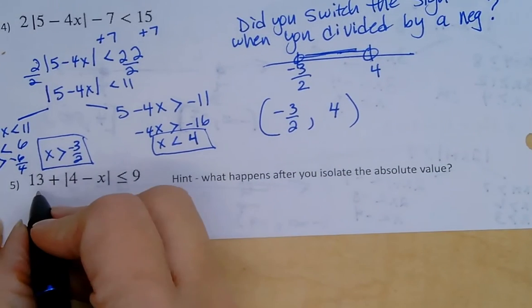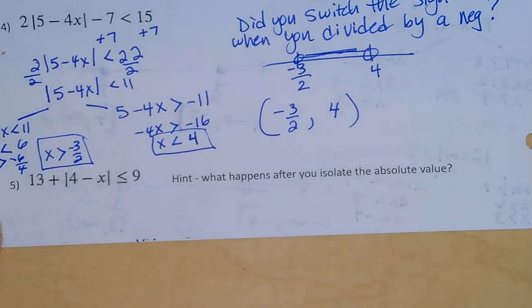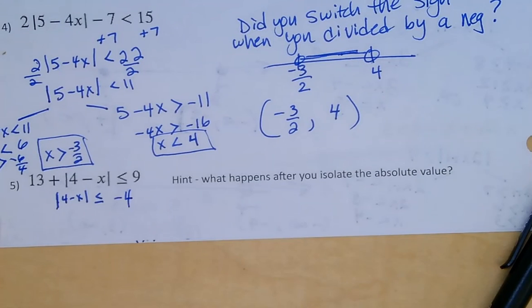All right, here we're going to subtract 13 from each side first. So take a look at what happens. There's your little hint. And check your work after you're done. Pause the video now. All right, so I subtracted 13 from each side, and I got some absolute value thing that has to be less than or equal to negative 4. There is no way for that to be true.